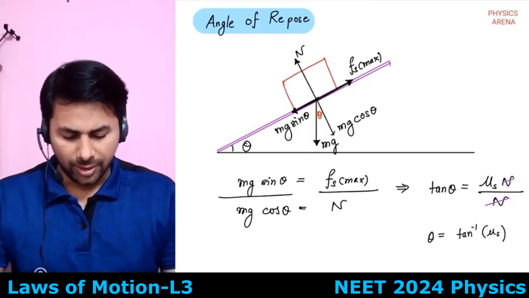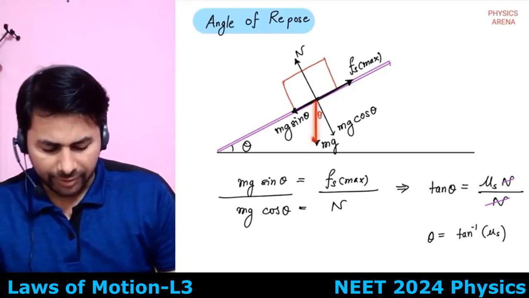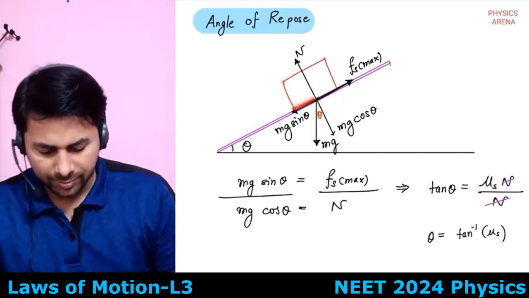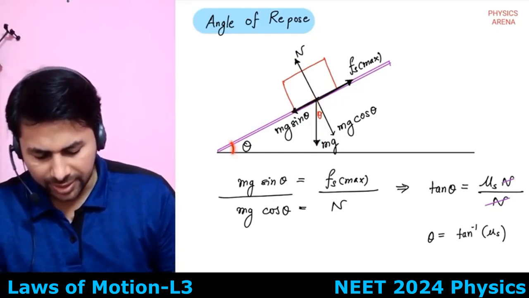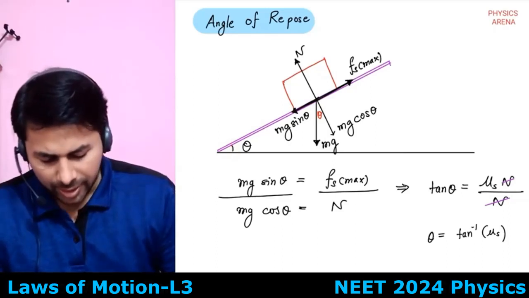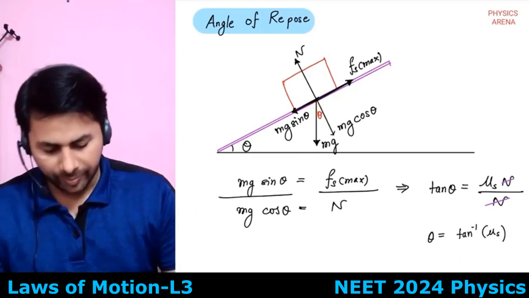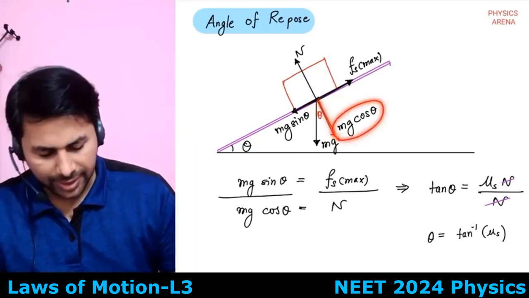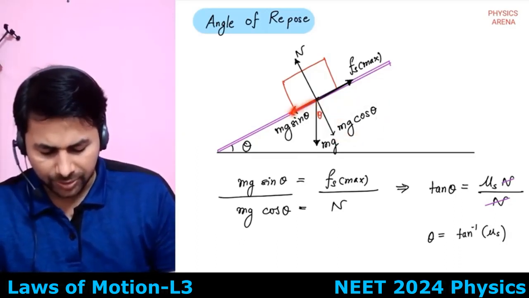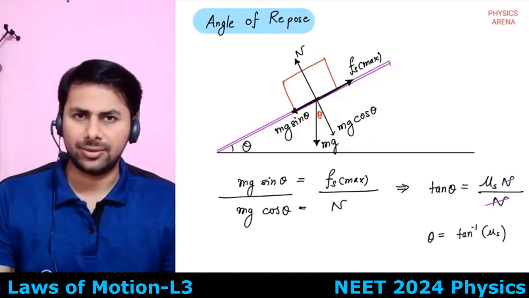Here, you will resolve gravitational force in two directions. If this angle is theta, this component is mg cos theta and this component is mg sin theta.